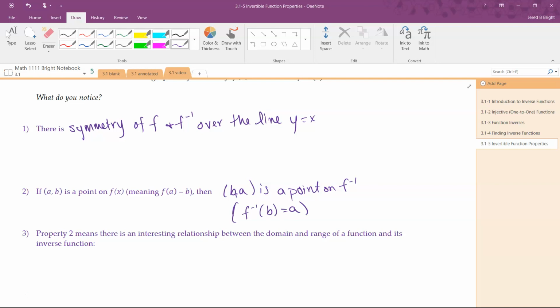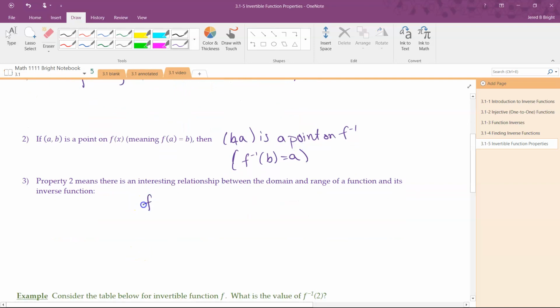And then this actually brings up an interesting thing to look at. If we think about f and f inverse, and we look at the domain and range of each of these, let's call the domain of f (a, b). I don't know what it is, I'm just making up something random. And then the range is (c, d).